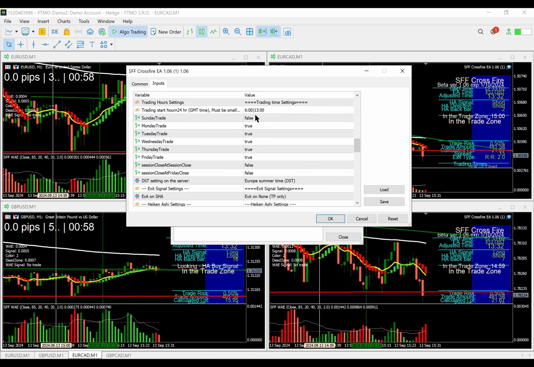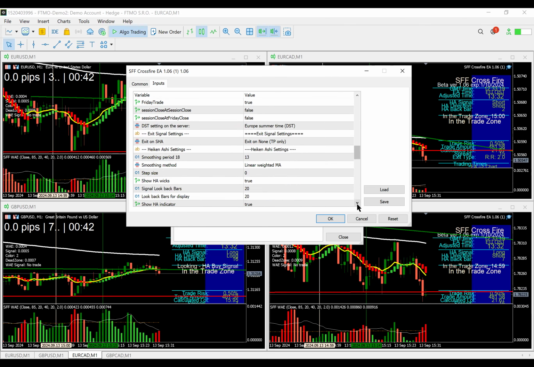But because I'm trading these 4 pairs at this time, it's not taking trades on the morning pairs. I don't want to trade on a Sunday, trade every other day. European summertime.